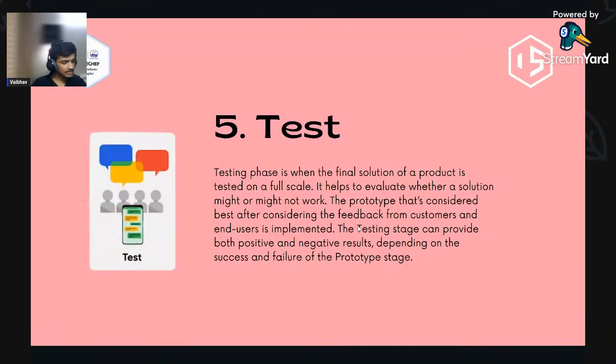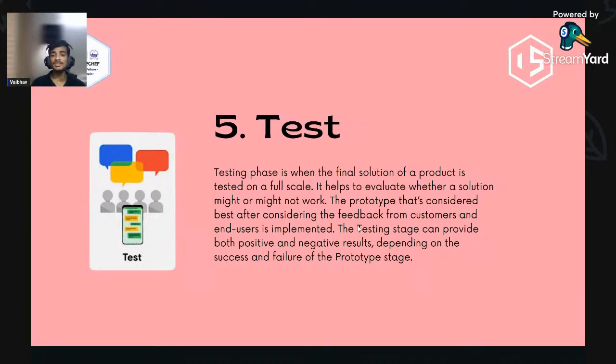The fifth one is the test. The testing phase is when the final solution of a product is tested on a full scale. It helps to evaluate whether a solution might or might not work. The prototype considered best after considering the feedback from customers and end users is implemented.